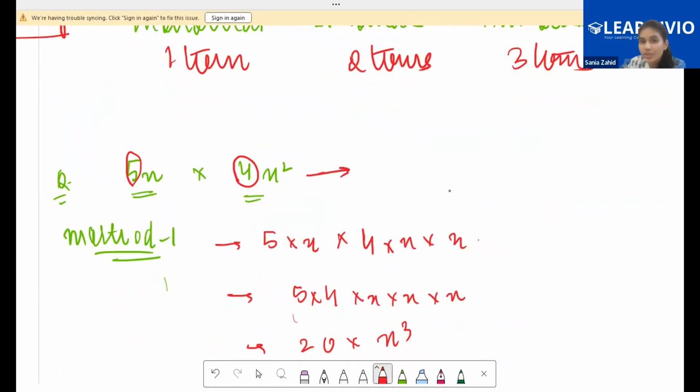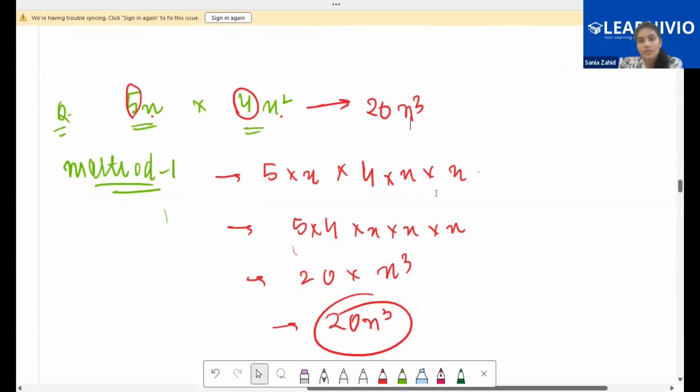So what does 5 into 4 give you? That gives you 20. And what does x into x square give you? That gives you x cube. So you can do it directly also. But if your question is in MCQ format or in fill in the blank format, then you will do it directly. If it is in a solving format, even for 1 mark or 2 marks, if they are giving you that solve 5x into 4x square, you'll follow this method. Right?